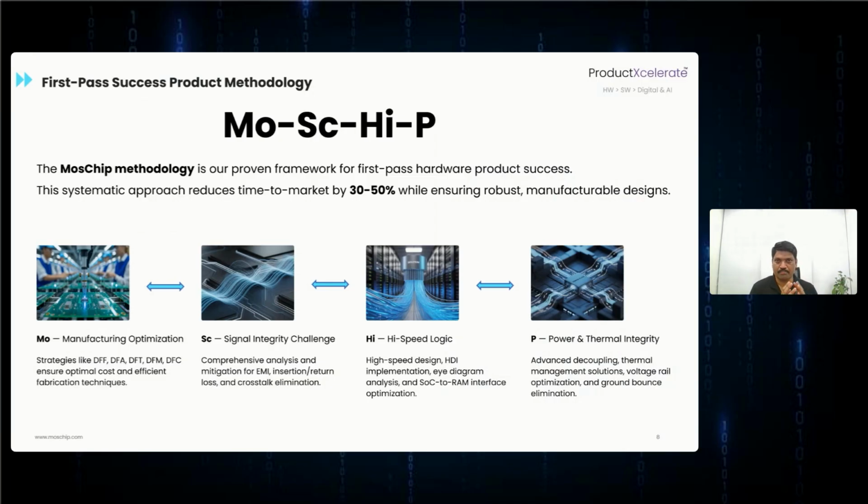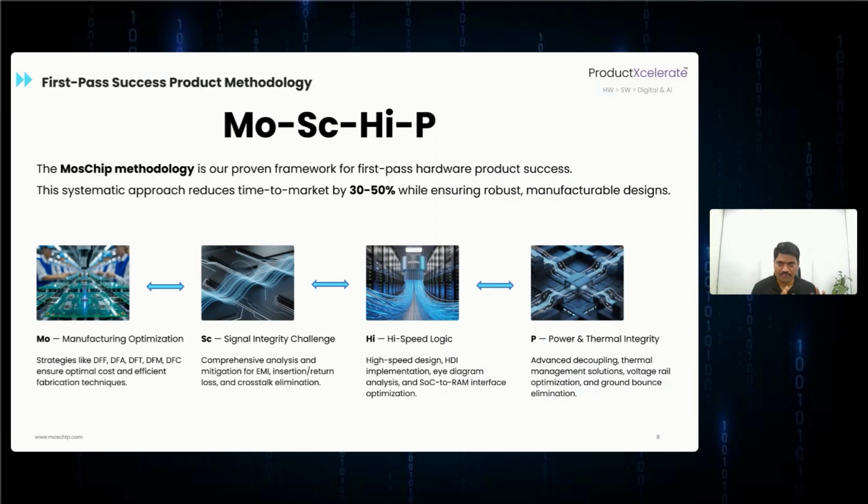As part of power and thermal integrity, a stable power rail on the bench means nothing if it sags under an AI workload. Advanced decoupling, thermal management solutions, voltage rail optimization, and ground bounce elimination strategies are to be applied early in the design phase.